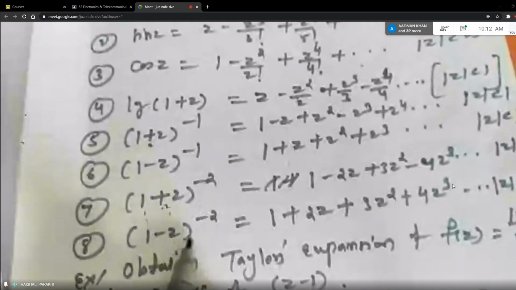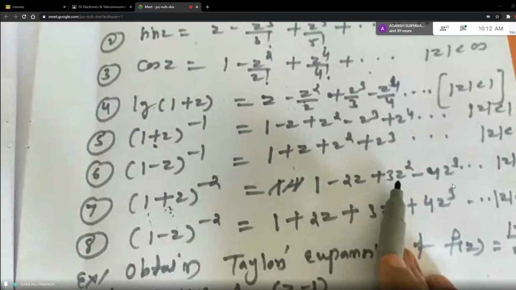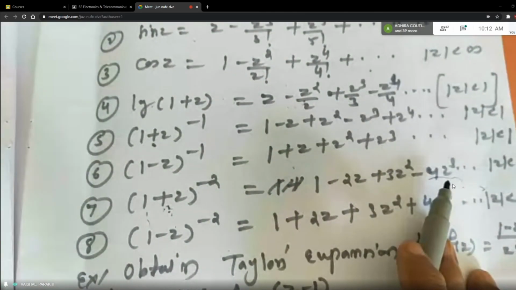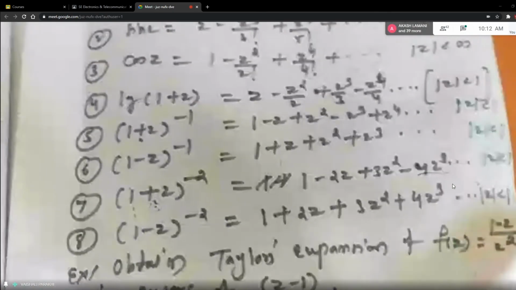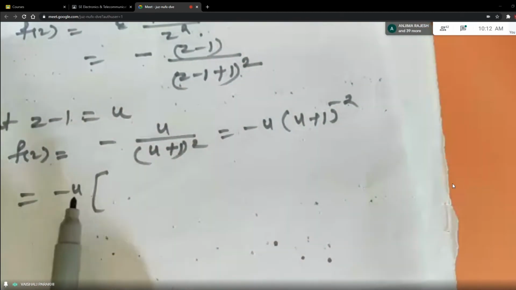So you need to learn this formula by heart, students. What is the formula? 1 minus 2z plus 3z square minus 4z cube and so on. But in place of z, now we have the letter u, so you have to write the same formula with u. So now how will it look? Your expansion will be: this minus u is outside as it is, we are not touching that.